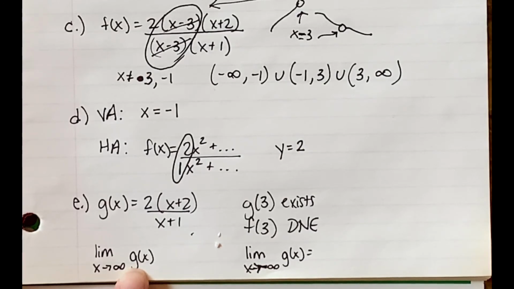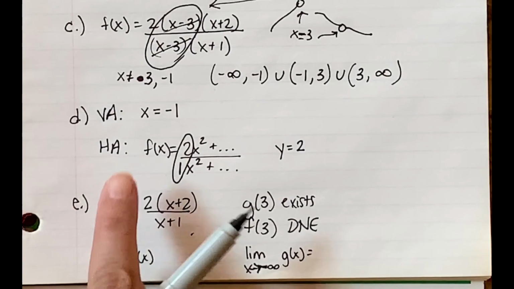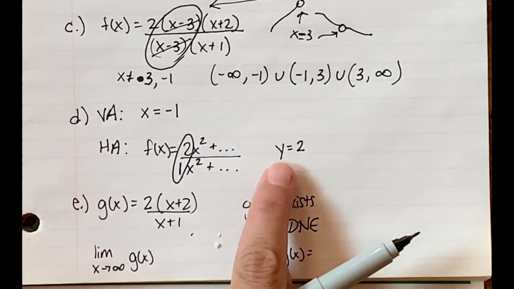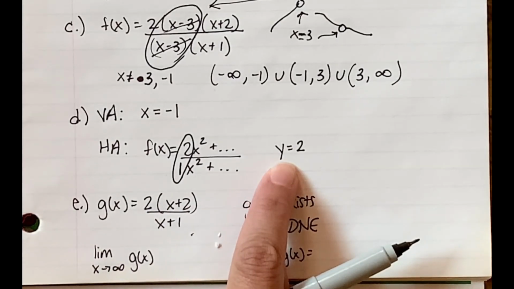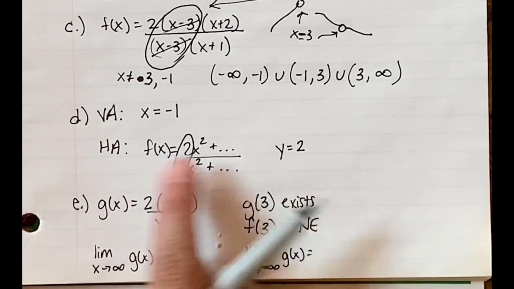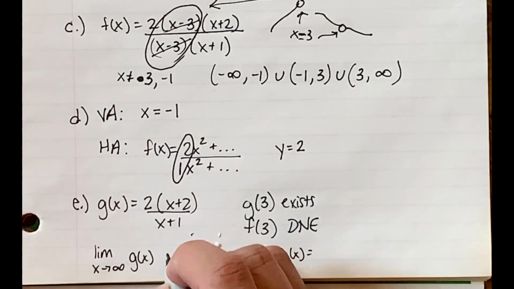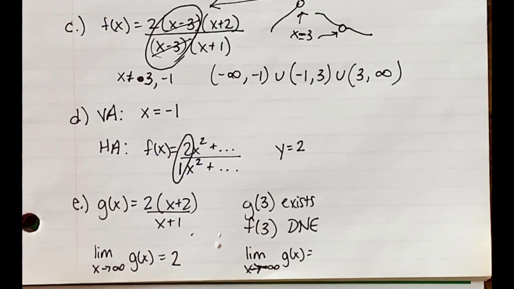This is talking about end behavior. Because we have a horizontal asymptote at y equals 2, as our x's approach infinity, they're going to approach our y value of 2 because of this horizontal asymptote. So this is going to equal 2.